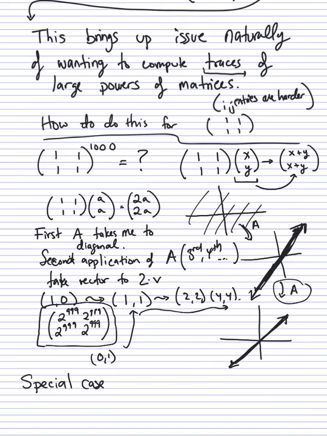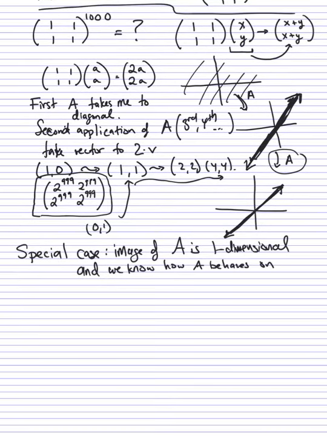The image of A is one-dimensional, and we know how A behaves on this one-dimensional subspace. Well, that's not too special, but certainly the image being one-dimensional is quite a special fact.